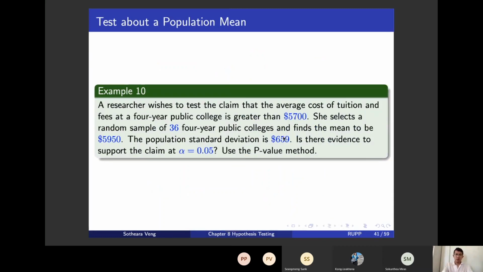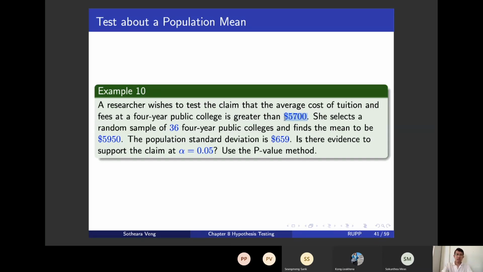Okay, so let's have a look at one example on how to use the p-value to decide on hypothesis testing. In this example, a researcher wishes to test a claim that the average tuition fee at a 4-year public college is greater than this value.